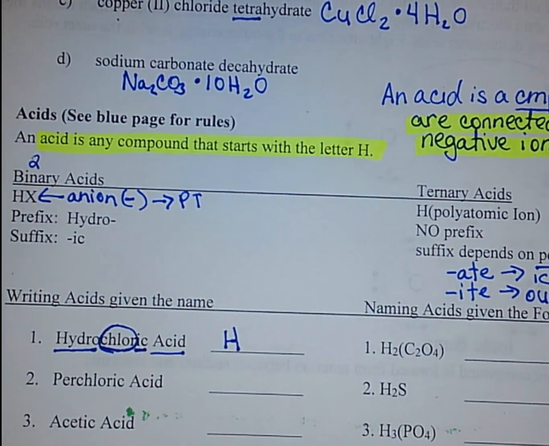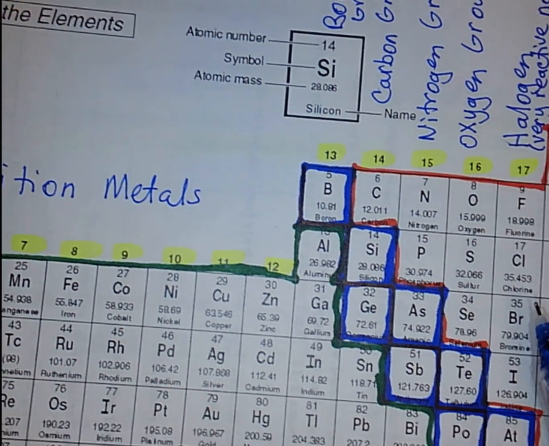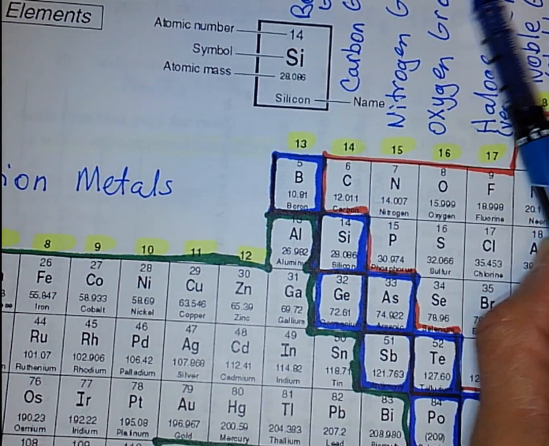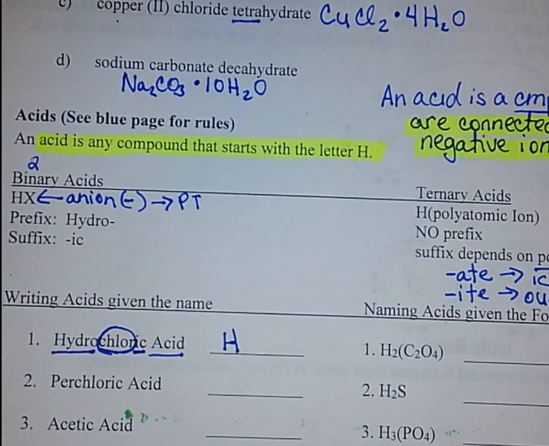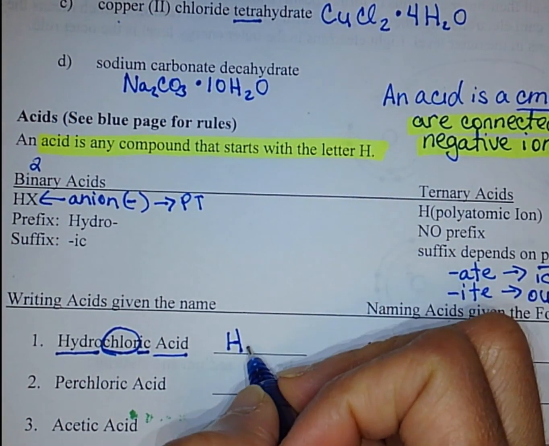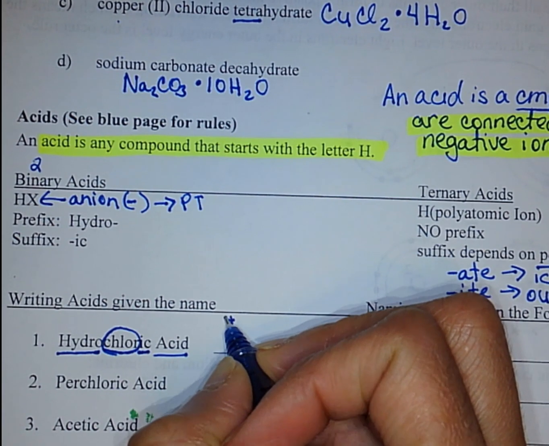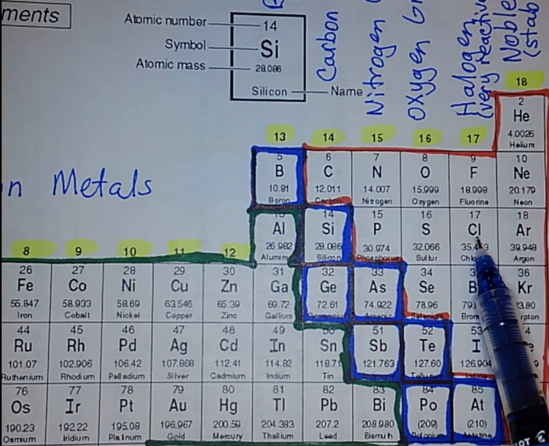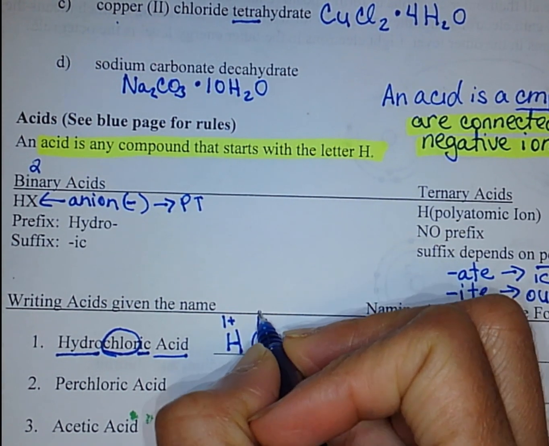You can see it in the word itself. Chlorine definitely is an ion in the red area of the periodic table. So it's right here, chlorine. Keep in mind that hydrogen has a +1 charge. Chlorine has a -1 charge. So we're going to write chlorine minus.